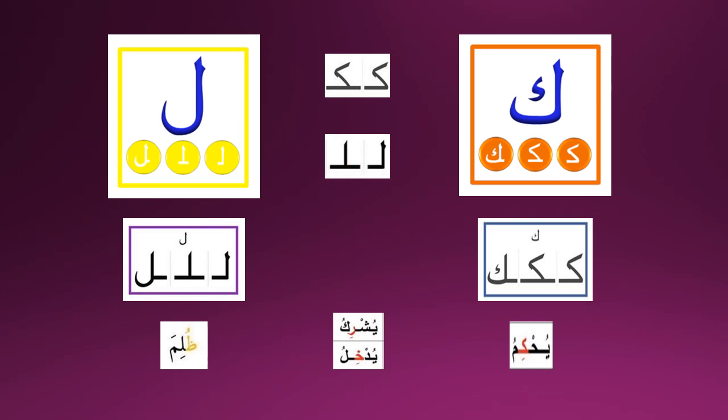In full shape, you can easily recognize them as Kaf has a straight shape and Lam has a semicircle or rounded shape. But you might be a little bit confused in the half shapes, but it is easy for you now because Kaf has a kash on it while Lam has no such thing on it.